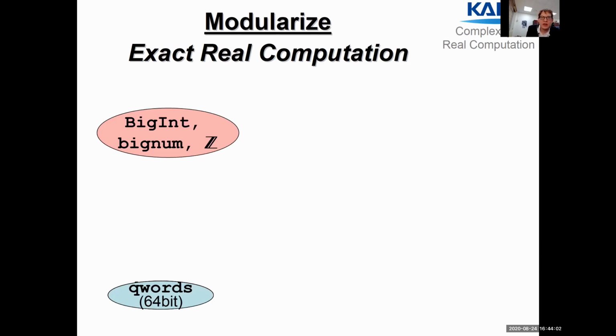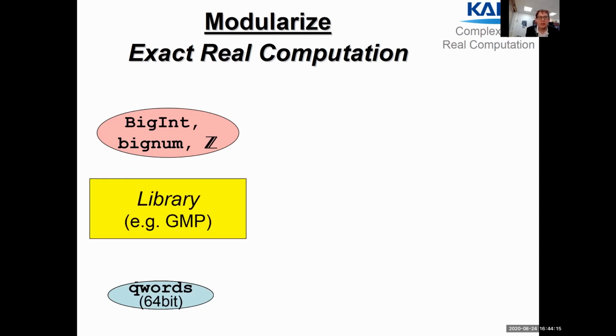For instance, in Java this is called BigInteger, in Python it's called bignum. And of course, in order to realize this, between both ends there must be some translation, a library. For instance, if your programming language does not natively support mathematical integers, then the GNU multi-precision library still allows you to do that both efficiently and conveniently.